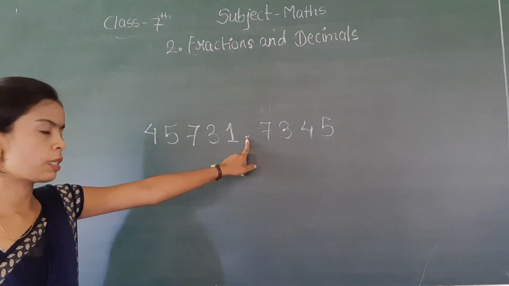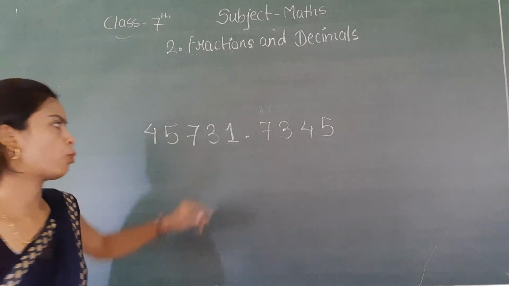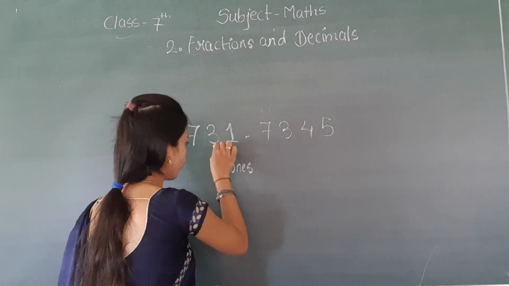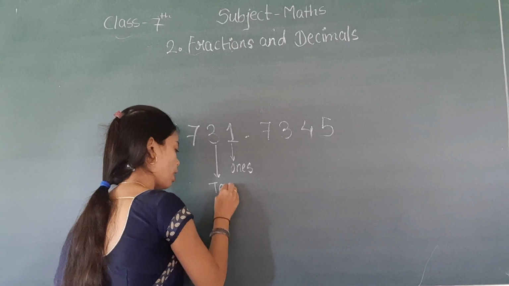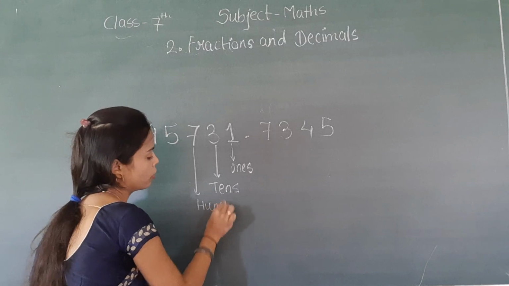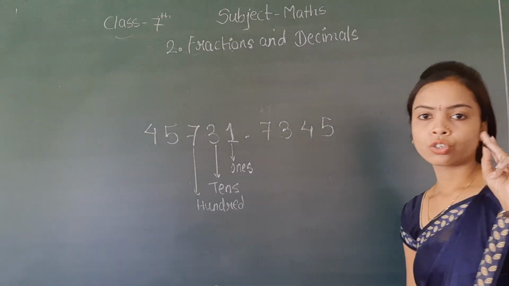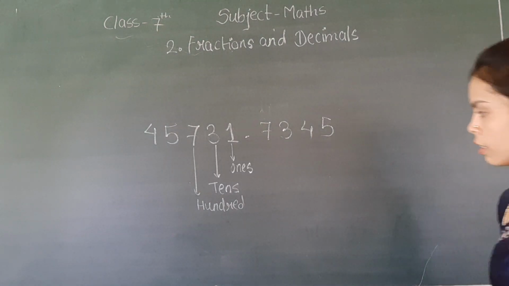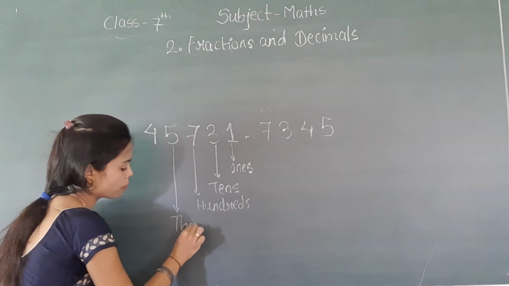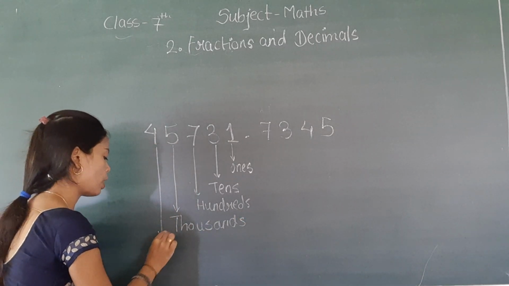This is your decimal point. The number just on the left side of the decimal point, the place value is called ones. After that, tens. The place values are ones, tens, hundreds. After that, thousands, and after that, 10,000s.